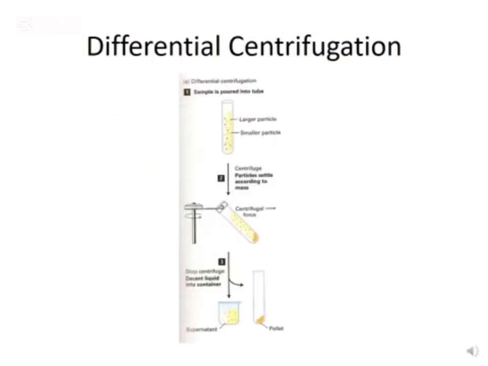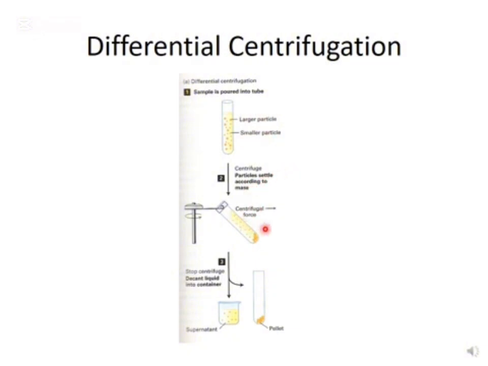The first type of centrifugation is differential centrifugation, and in general it's used to separate soluble from insoluble proteins. So a sample is poured in a tube. The sample contains larger and smaller particles. Usually the larger particles are insoluble, but in any case, the tube is subjected to centrifugal force.